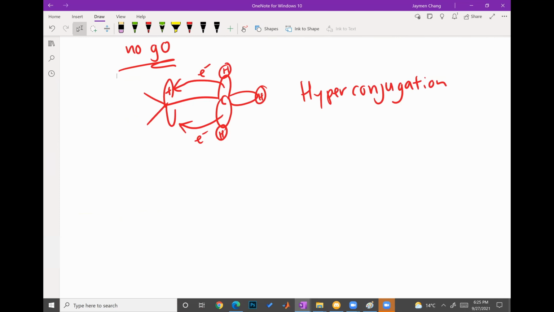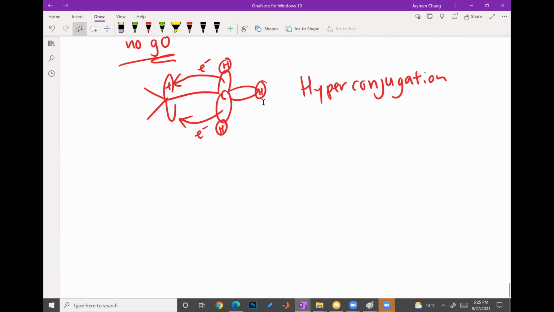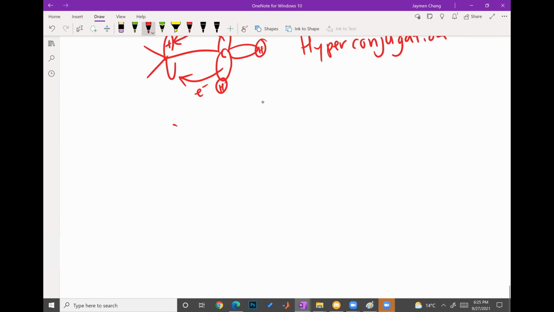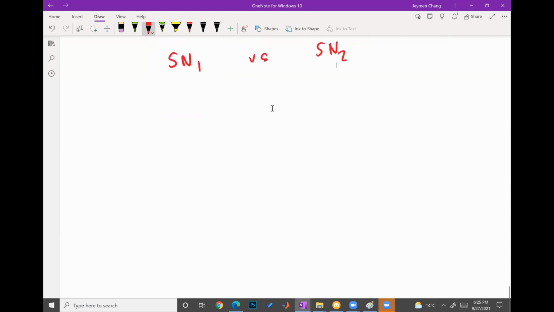And then now, with our last bit of time, I'll quickly talk about the SN1 and SN2 reactions. I don't think you guys have gone over E2 and E1 yet, so if you're interested in attending the future sessions, we will be going over that as well. But for now, we'll just go over SN1 and SN2.